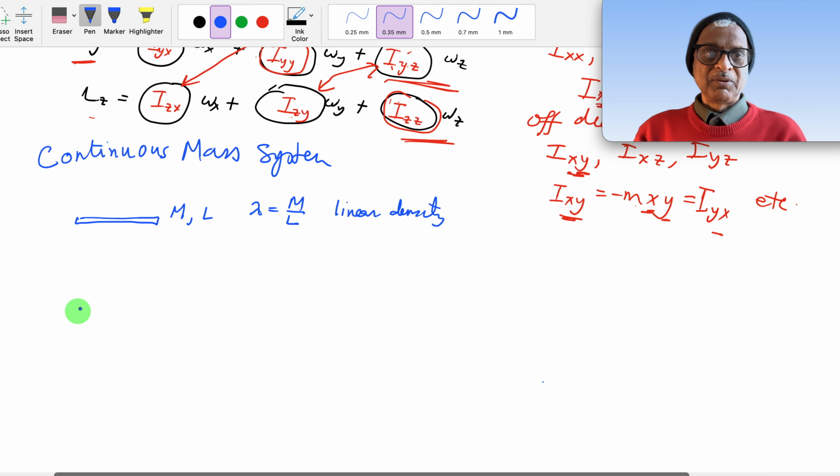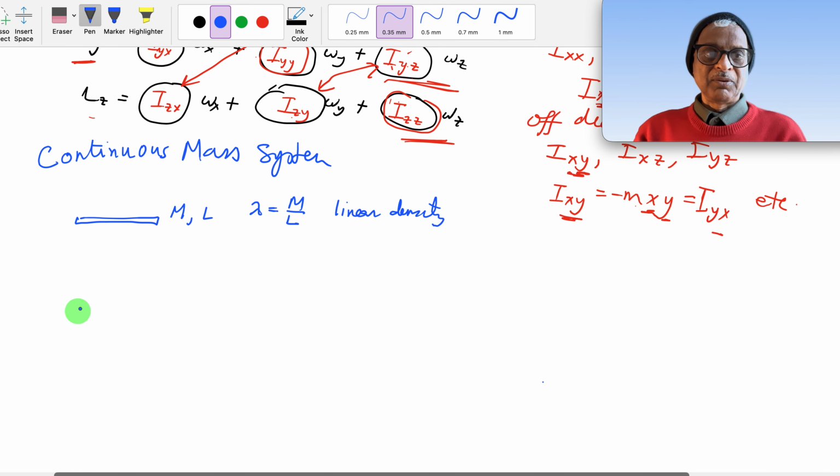So these were the axes, and then I'm going to draw the rod. Maybe the rod is along that axis. Let's call that the y-axis. It's along the y-axis. So what you do is you look at an infinitesimal piece, between y and y plus dy, so the little piece has length dy, and you say how much mass is there?